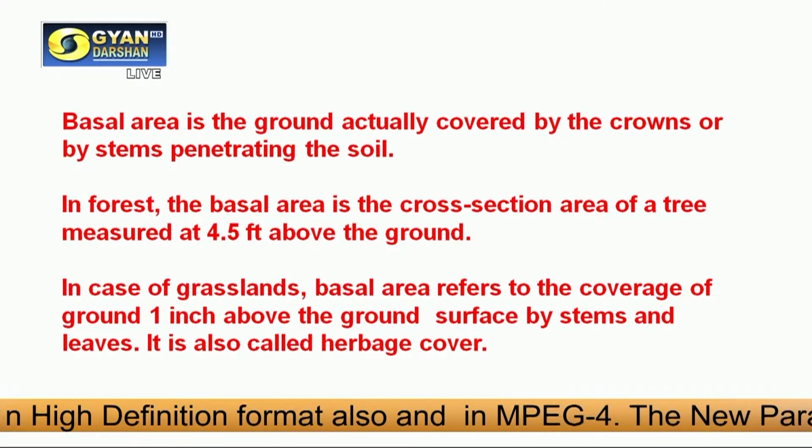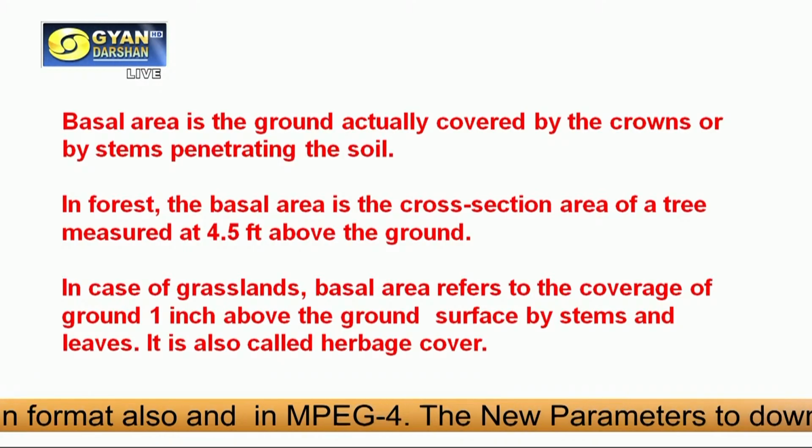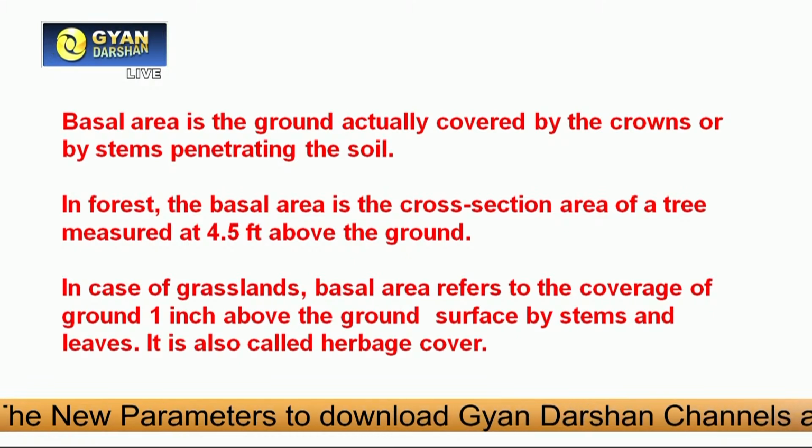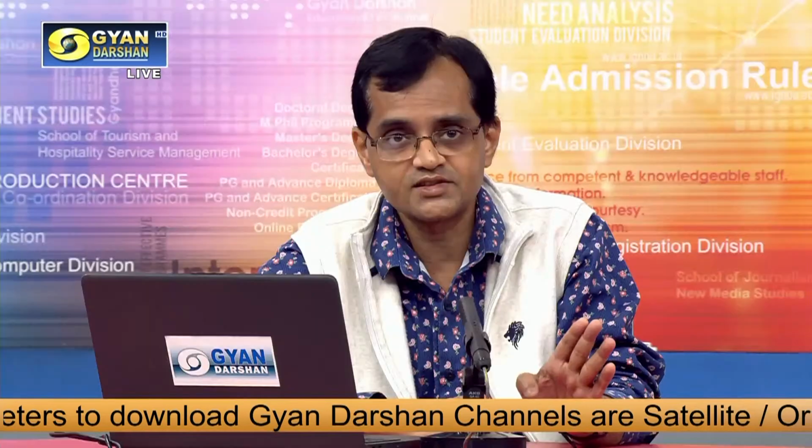In case of grasslands, basal area refers to the coverage of ground 1 inch above the ground surface by stems and leaves. Mind that it is not the underground parts. It is basically the leaves and stems, but leaves and stems which are not very emergent. Leaves or stems that are almost grazing the ground surface. Like for example, radish. Here the leaves more or less graze along the surface. So this is one of the examples.